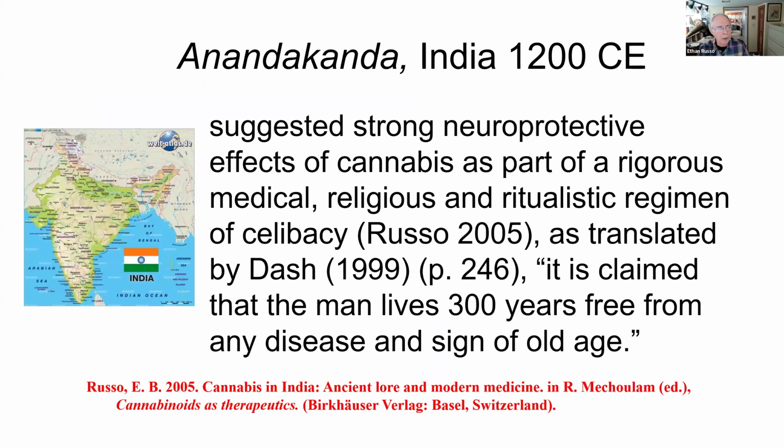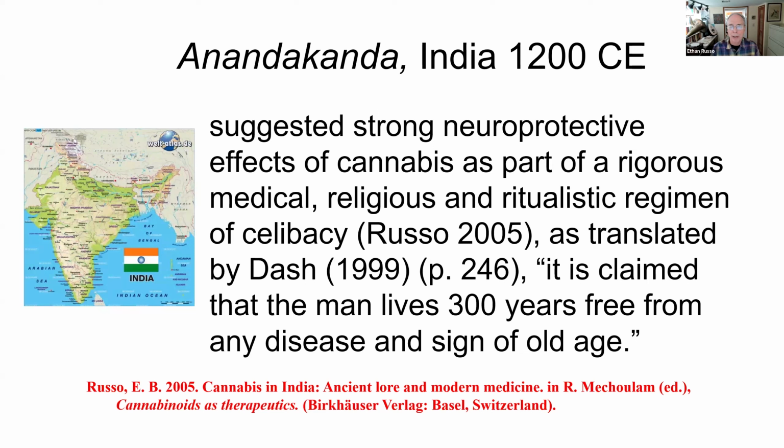But we have similar lofty claims from India, where clearly there's been a long, long tradition of cannabis usage. A document called the Anandakanda from the year 1200 suggested strong neuroprotective effects, but this was part of a very difficult regimen that included religious practice and celibacy.